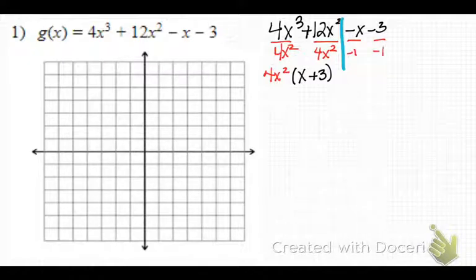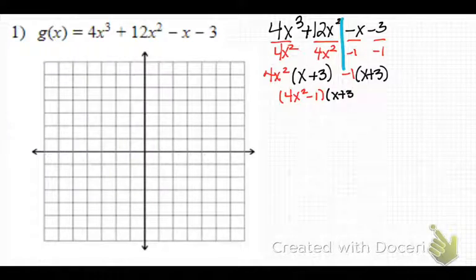Good. And that also leaves me with x plus 3. So I should have 4x squared minus 1 times x plus 3. And what is this completely factored?